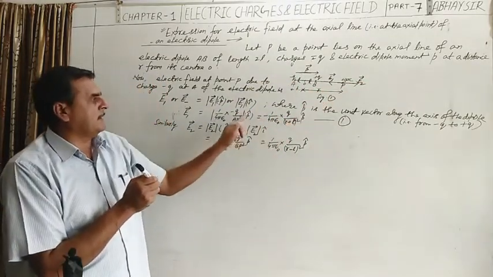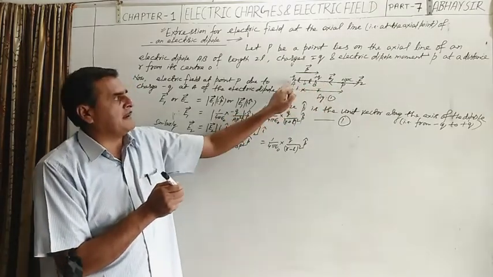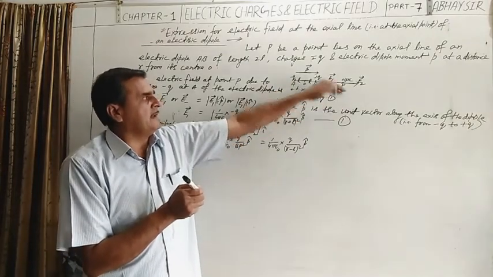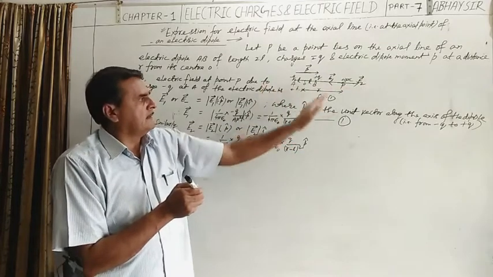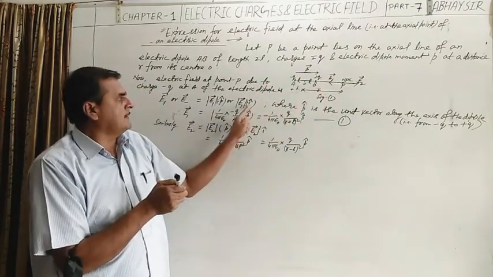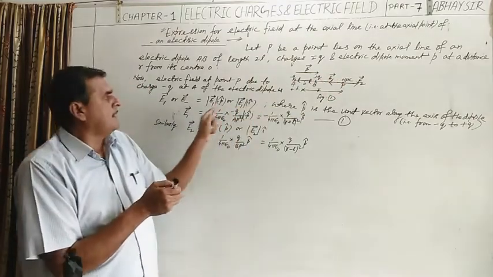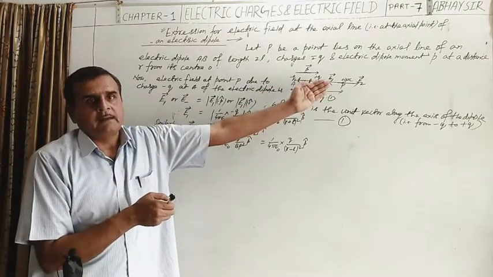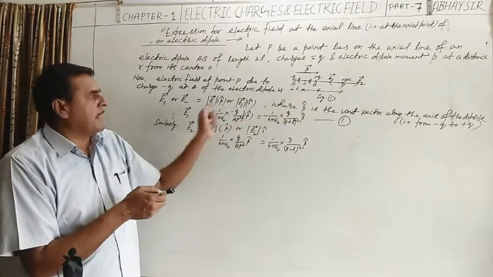Here minus P is taken because the direction of E1 vector, that is the electric field due to point charge minus Q at point P, is opposite to the electric dipole moment vector. So the direction of E1 is taken as minus I cap, that is opposite to the x-axis, or opposite to the unit vector along the axis of the dipole.